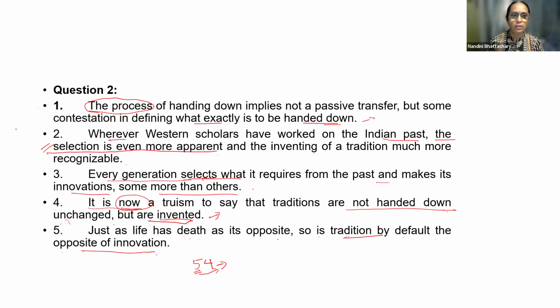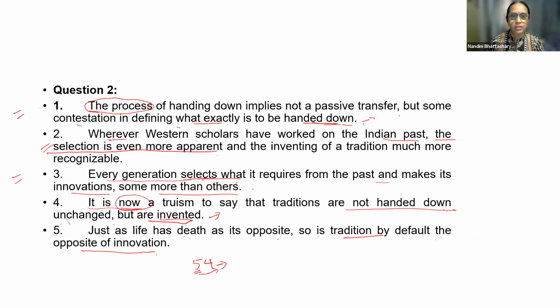So let's see what comes after 4. The process of handing down implies not a passive transfer, but some contestation in defining exactly what is handed down. It's talking about something being handed down. Now let's look at 3.